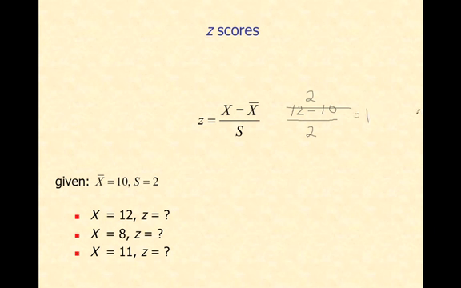So the formula for calculating a z-score with simple numbers you can do in your head. With more complex numbers, of course, it's a very simple formula. You can plug them into a calculator, and you can determine what your z-score is. The z-score is the simplest because it gives you the score in terms of what?